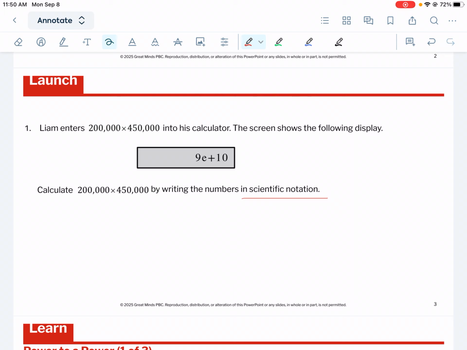Put a star by this calculator value here. The reason why I'm having you star this is because that E, which typically would be capitalized, but sometimes depending on what type of calculator you're working with, it may be lowercase. That E, somewhere at the top of your paper, write this. E means times 10 to the nth power. That's what that E means.